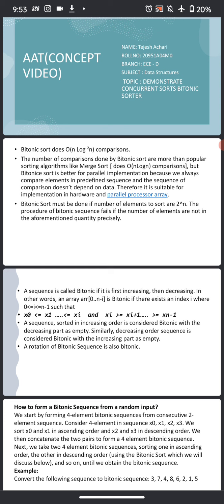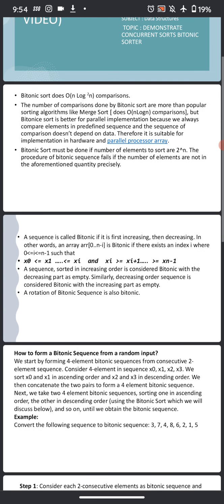Bitonic sort must be done if the number of elements to sort is 2 power n. The procedure of bitonic sort fails if the number of elements is not precisely in the aforementioned quantity. A sequence is called bitonic if it is first increasing, then decreasing.